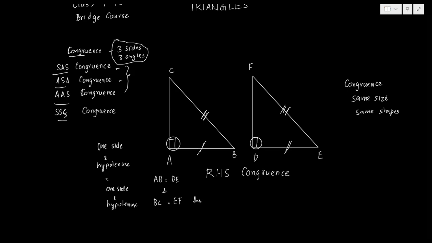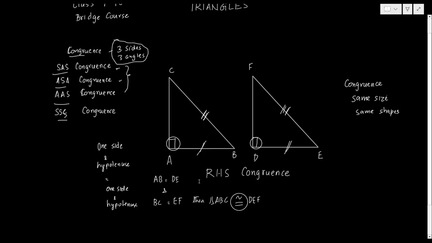Then ABC is congruent to DEF. By the way, this is the congruent symbol. This basically indicates that two shapes are congruent. Anyway, this RHS congruence is only applicable for right angled triangles.